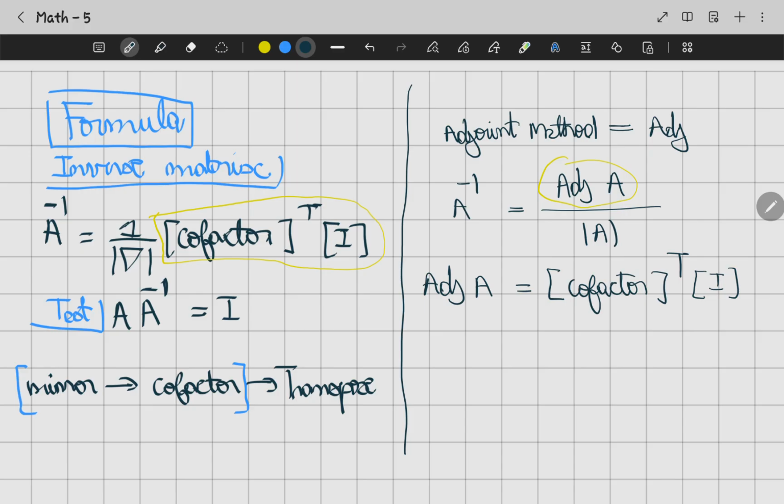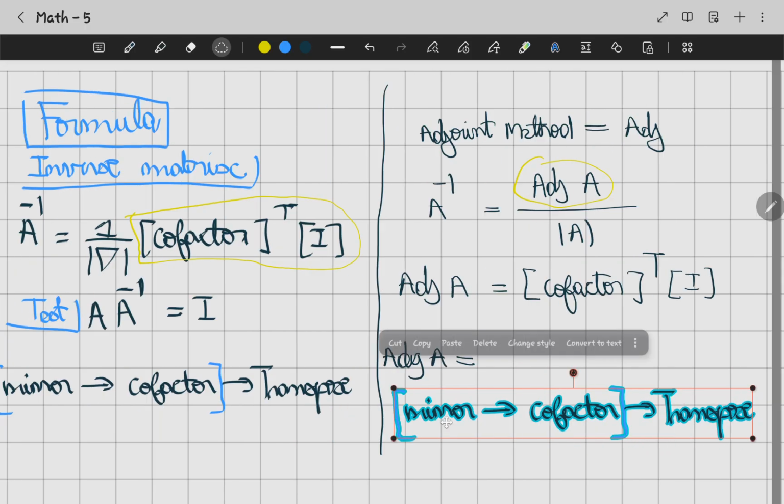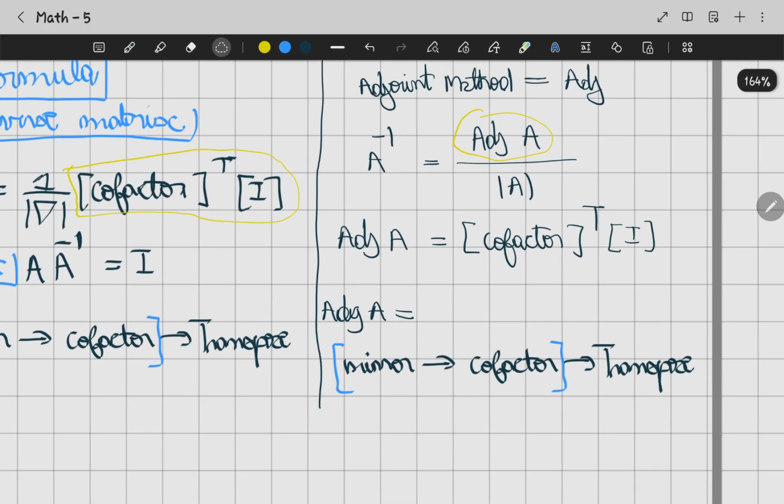The adjoint of A is actually equal to all of this here. We start by finding the minor, then the cofactor, and then we move to the transposition of the matrix.